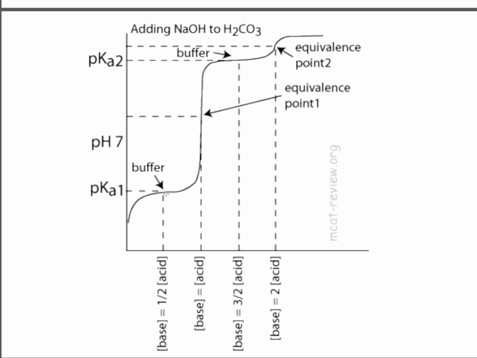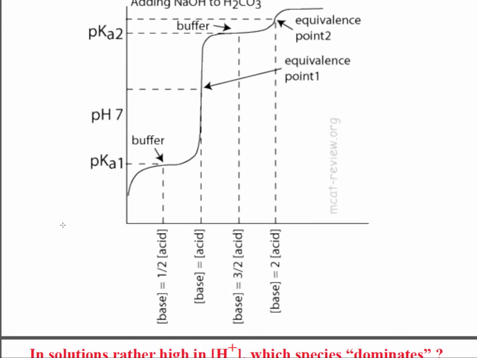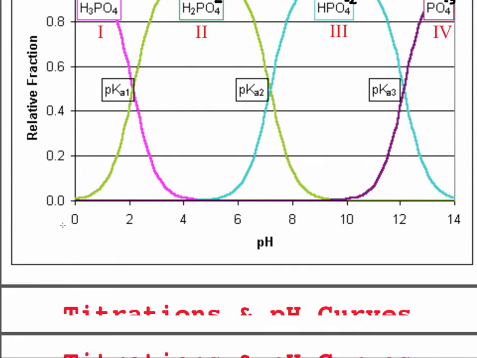This is a diprotic acid, so one titration happens here, second titration happens here. Halfway to the equivalence point is this, and the pKa1 is that, and the pKa2 is that. Equivalence point 1, equivalence point 2. Alright, I can kind of buy it. That's the titration of the weak acid carbonic acid with NaOH. Yeah, I'll buy it.